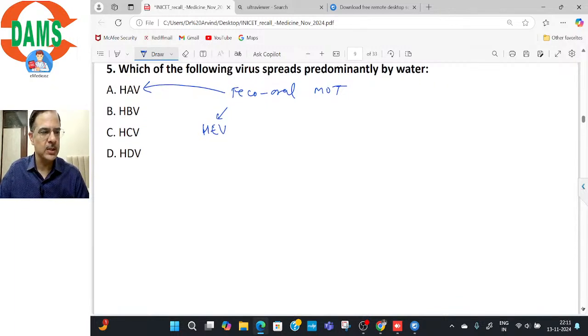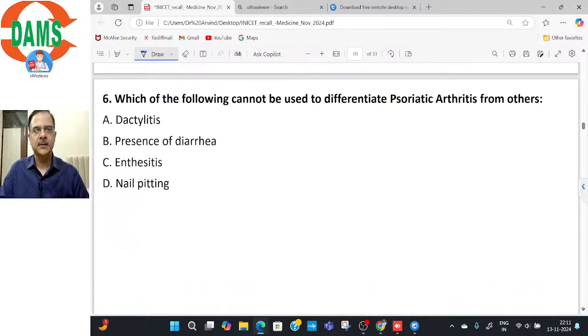Now moving on to question number 6. Which of the following can't be used to differentiate psoriatic arthritis from other forms of arthritis? So other arthritis means IBD associated arthritis or Whipple's disease arthritis. How can it be differentiated? Psoriatic arthritis is characterized by dactylitis, which can lead to sausage-type digits.